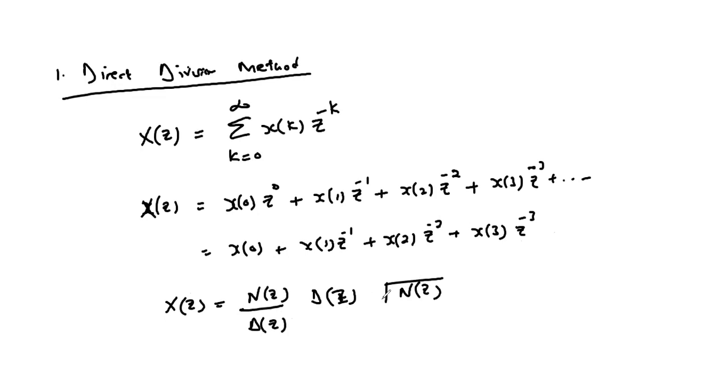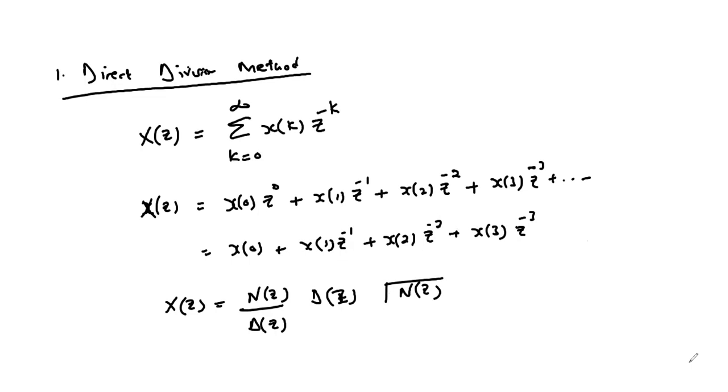That means if we can perform the direct division of the numerator by the denominator polynomial in z, then by looking at the coefficients of the polynomial in z inverse, we can obtain the corresponding x of k as the time sequence for our given Z transform x of z.